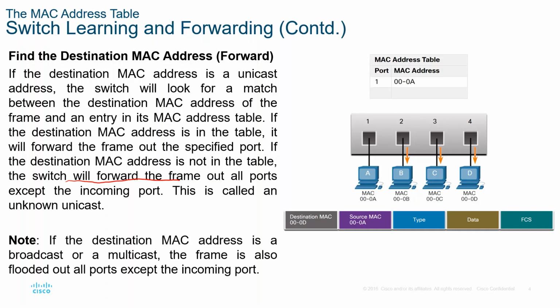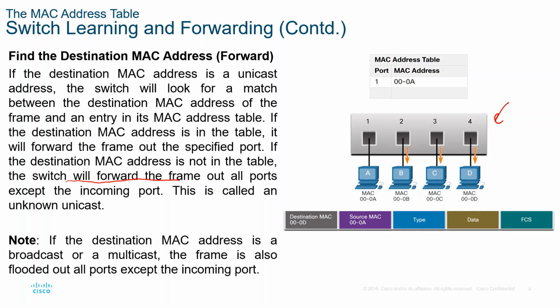You can see in this diagram that the frame is forwarded to PCB, PCC, and also PCD. Hence the reason why you see that the frame is forwarded to port 2, port 3, port 4, except the incoming port, which is port 1.